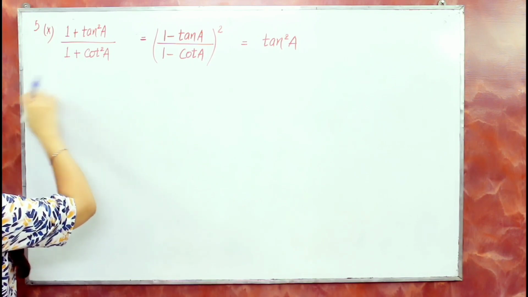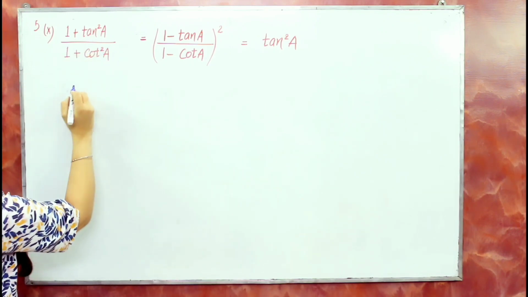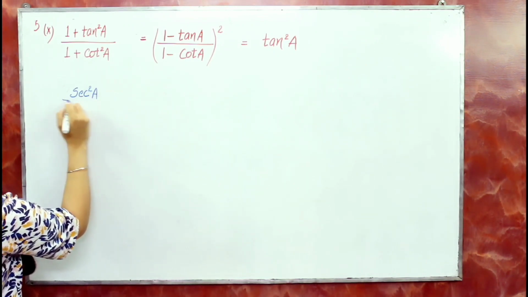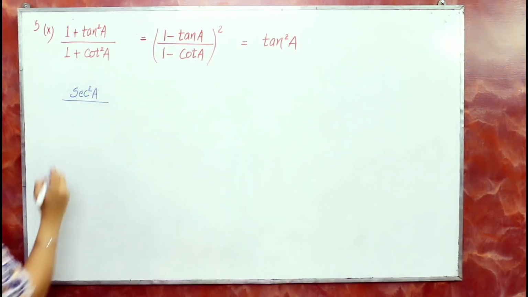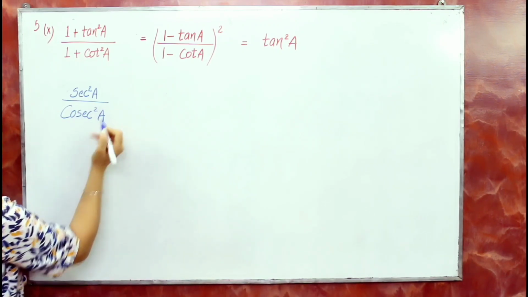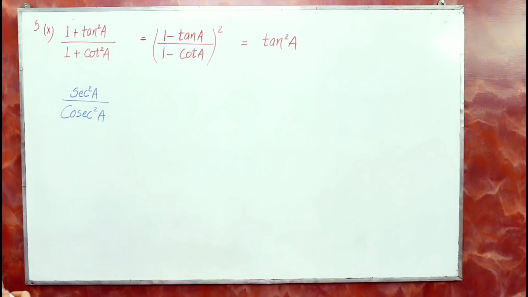Using square relationship, we know 1 plus tan square A is equals to sec square A. Whereas 1 plus cot square A is equals to cosec square A. Now we will convert them in the form of sine and cos.